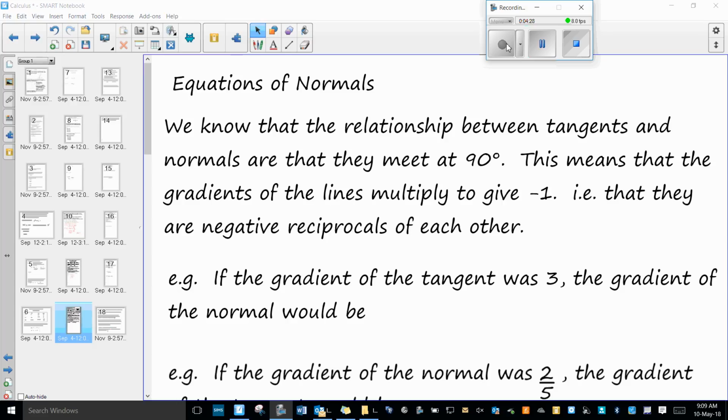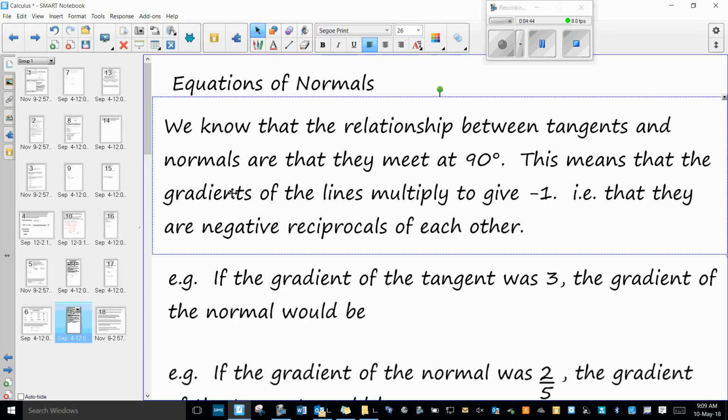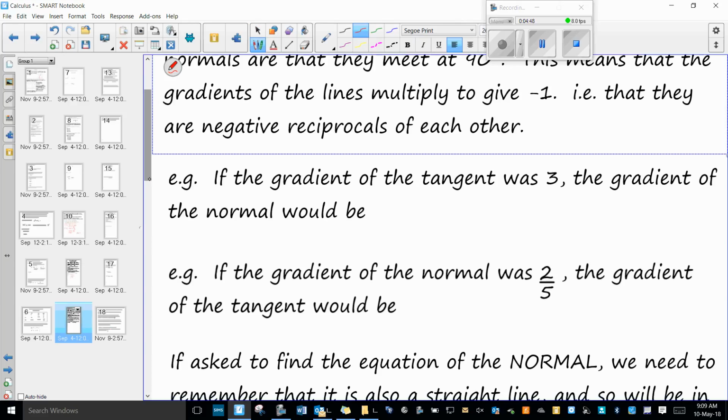Now I could be saying all of this stuff to you and you're thinking, oh my goodness, what is she on about? But it's actually pretty straightforward. If two values multiply to give -1, it means that they are negative reciprocals of each other. Okay, this word, negative reciprocals of each other.